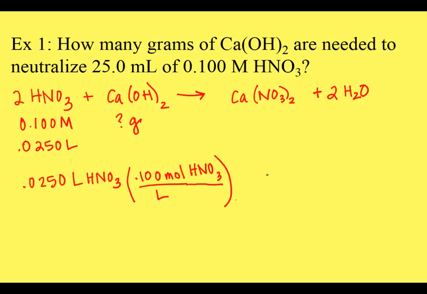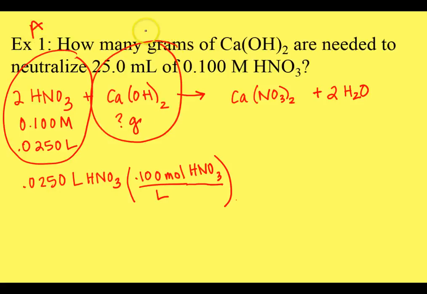Then we get to our mole-to-mole ratio. This is like stoichiometry, where our given information, the nitric acid, is really our A, our given, and calcium hydroxide is our B, or our unknown.